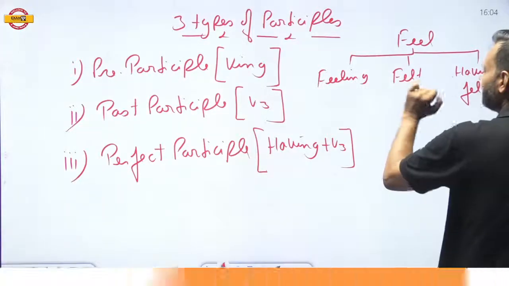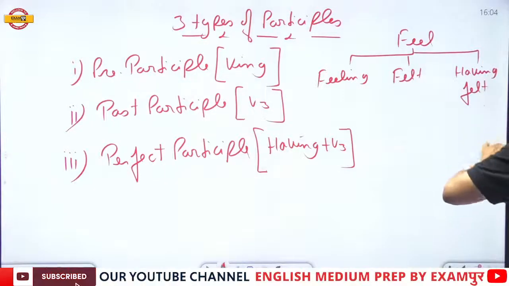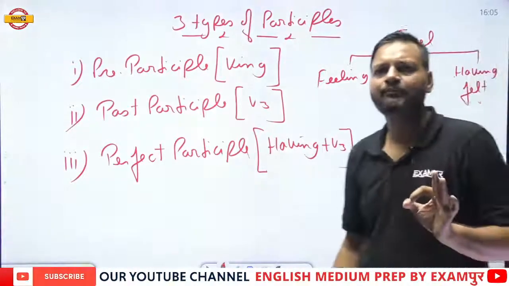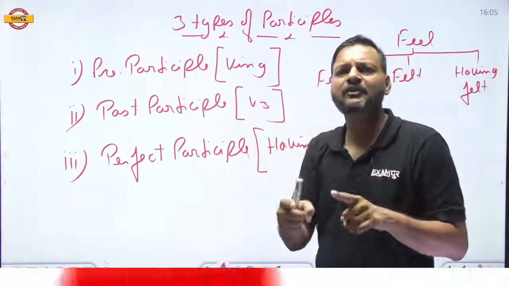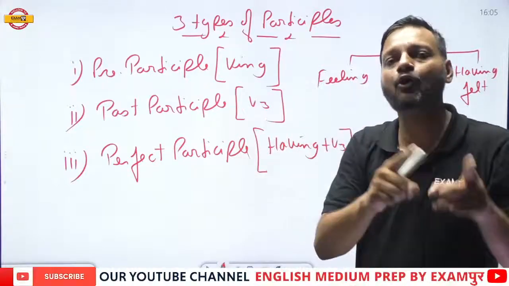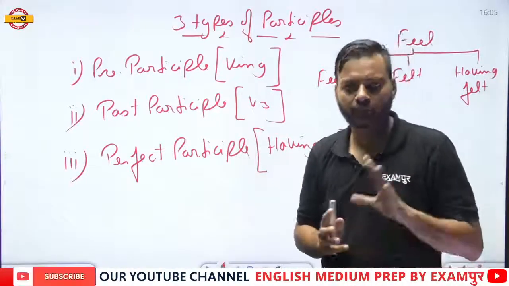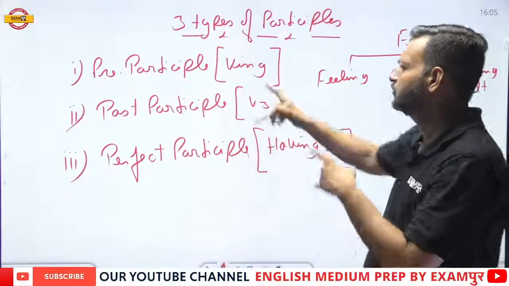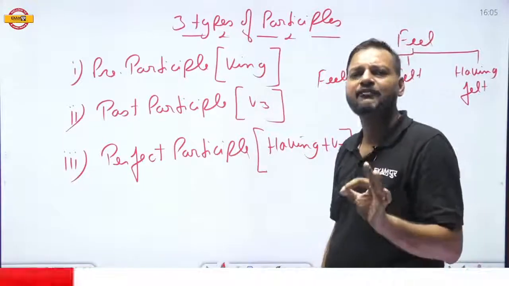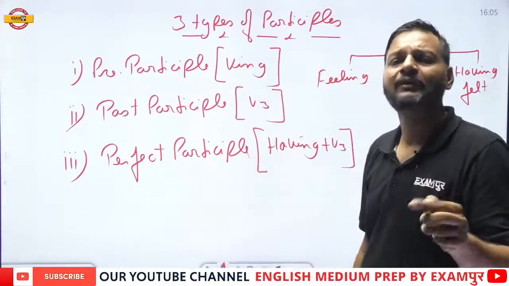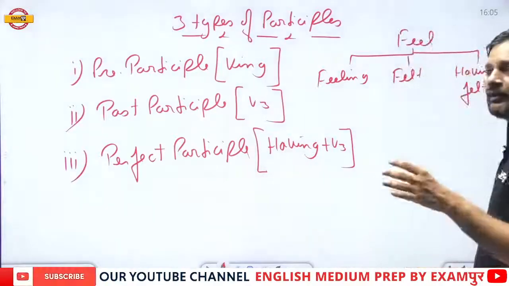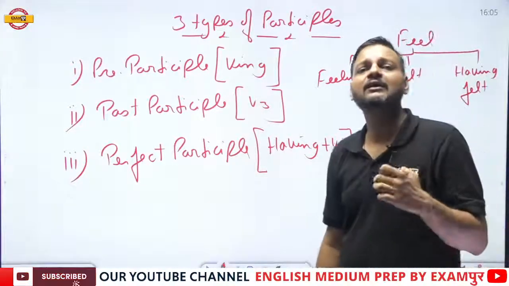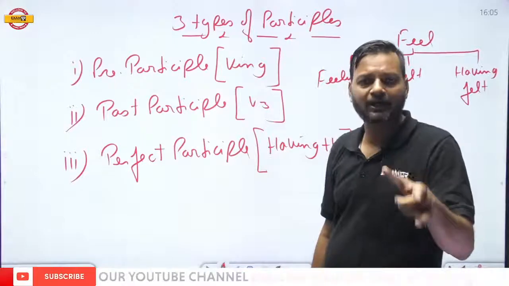Now you have to remember that there is a difference between present participle and continuous form of verb, because the continuous form also has ing, and also a difference between third form of verb and past participle.